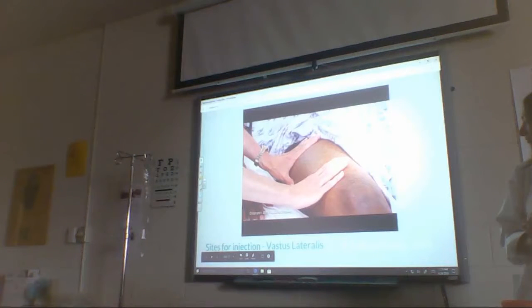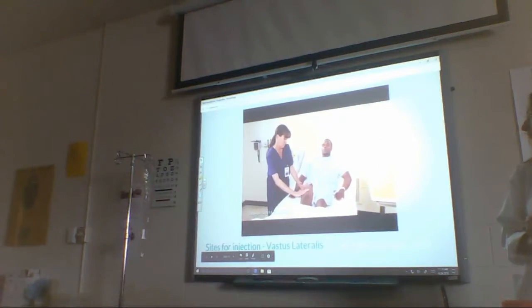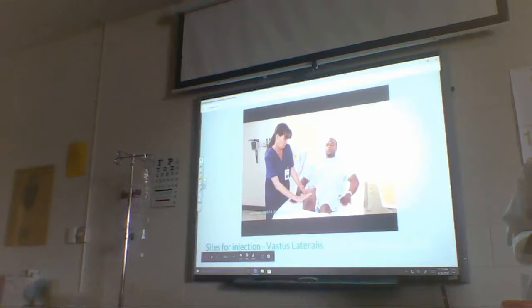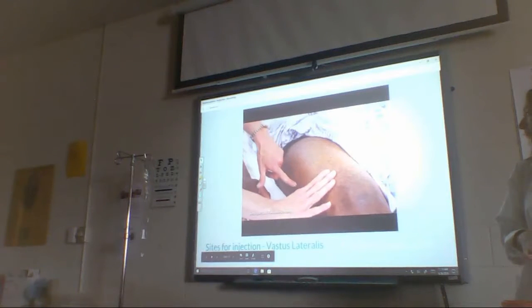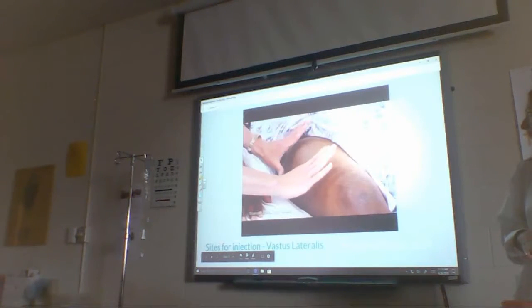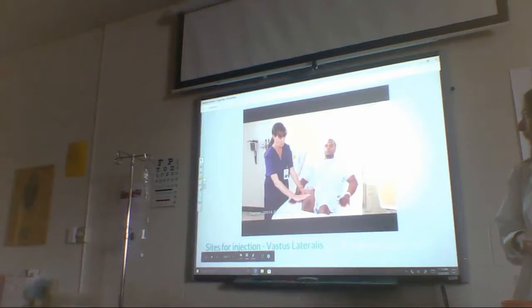The index fingers of your hands form the smaller ends of the rectangle. The long sides of the rectangle are formed by drawing an imaginary line down the center of the anterior thigh and also by drawing another line along the side of the leg, halfway between the bed and the front of the thigh. This box marks the middle third of the anterolateral thigh, which is the injection site.